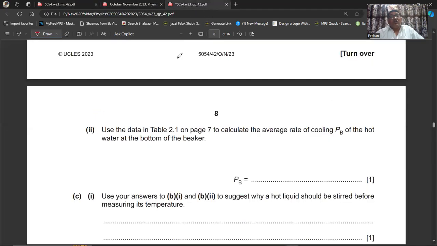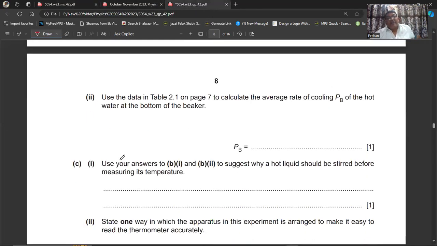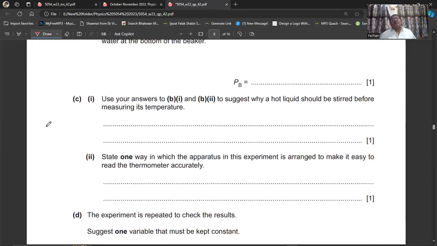The next question coming up on your screen says: use your answer to B first part and B second part to suggest why a hot liquid should be stirred before measuring its temperature. This is a basic, simple method: before you measure the temperature of a body of hot water, you stir it.